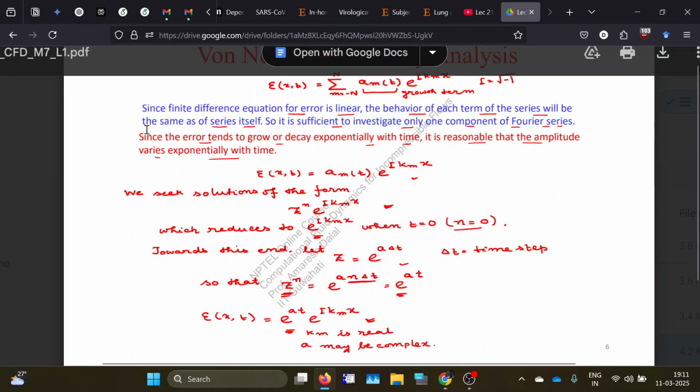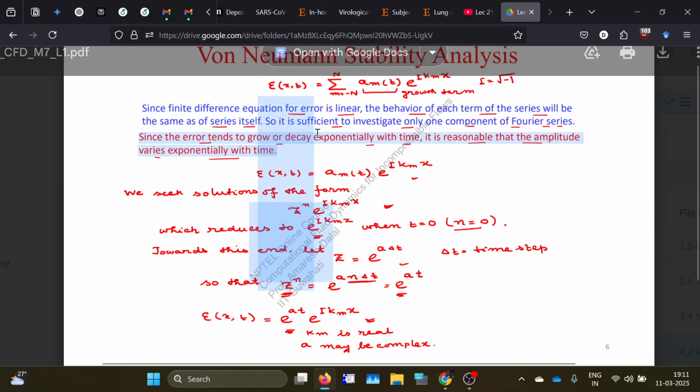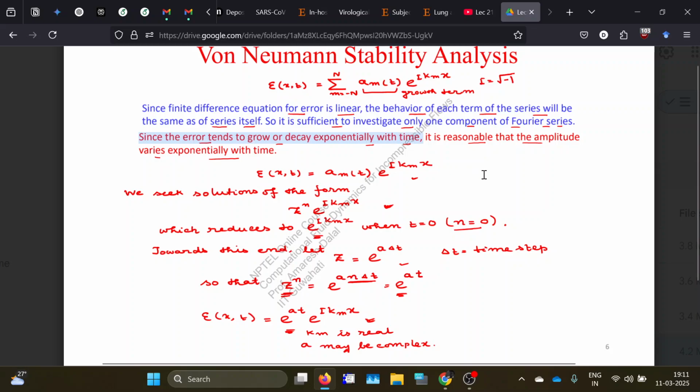This first line, that the error tends to grow or decay exponentially with time, has been experimentally observed. If you compute the growth of error in an unstable scheme, you will see that it follows exponential growth, or decay if it is a stable scheme. That decay is also exponential.